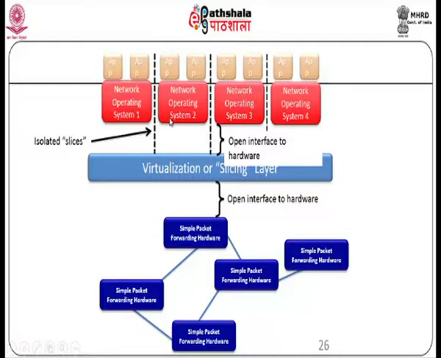So, you can have multiple operating systems which are separated out, and I can have many operating systems, many versions. Okay, all these things will become possible. So, all these could be simultaneously acting, and you could choose which of these you actually want to be implemented on the hardware. Okay. So, we are looking for the flexibility that software normally has. So, we are trying to provide that flexibility with respect to these networking devices.